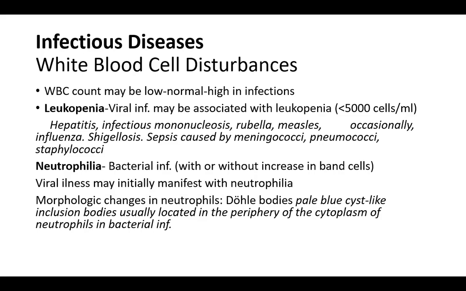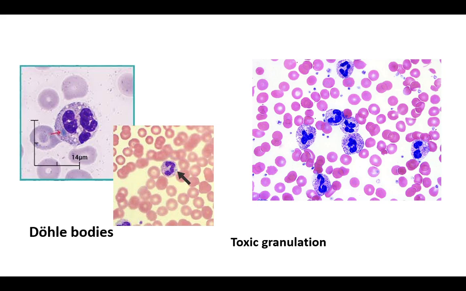Morphologic changes, so the peripheral blood smear investigation is important. Döhle bodies, which are pale blue Christis-like inclusion bodies, can be seen in certain bacterial infections. So these are how Döhle bodies are seen, pale blue inclusion bodies.